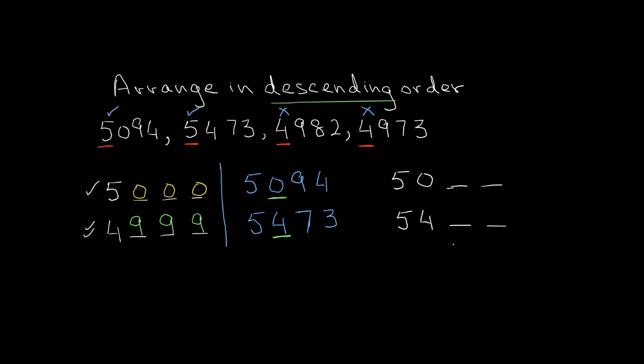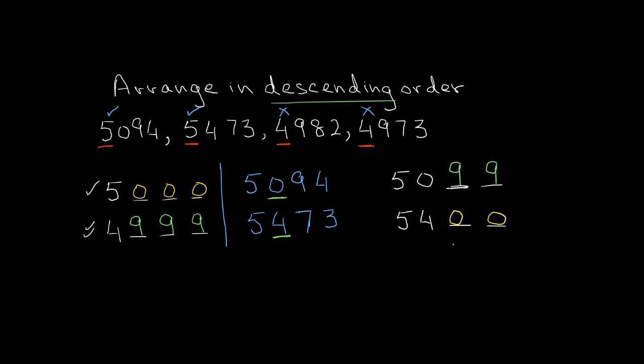Okay, so now let's think about it. How small can the 5,4 number be? Well, the smallest that it can be is there'll be no 0s, no 10s and no 1s. But how large can the 50 number be? Well, the largest that the 50 number can be is, I can put two 9s over here. And clearly, 5,400 is bigger than 5,099.